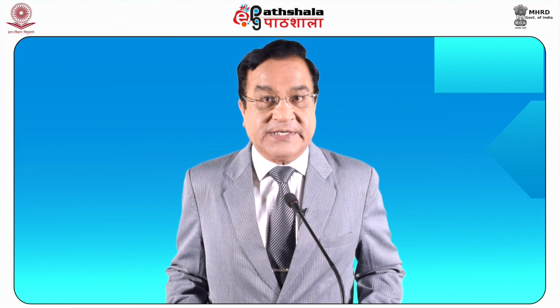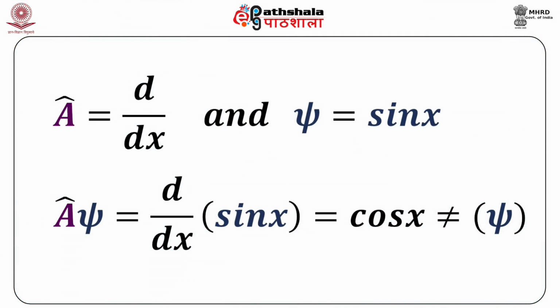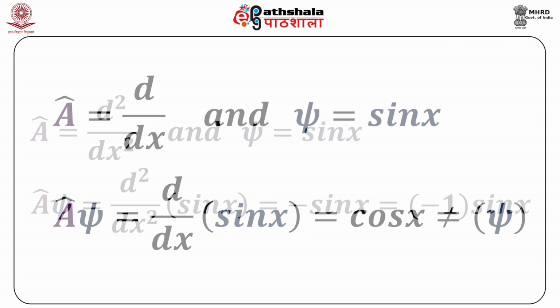Suppose there is an operator a cap equals d by dx, and suppose the wave function is sine x. Once this operator operates on sine x, we get cos x. That means the original function is not reproduced, so it is not satisfying the eigenvalue equation.